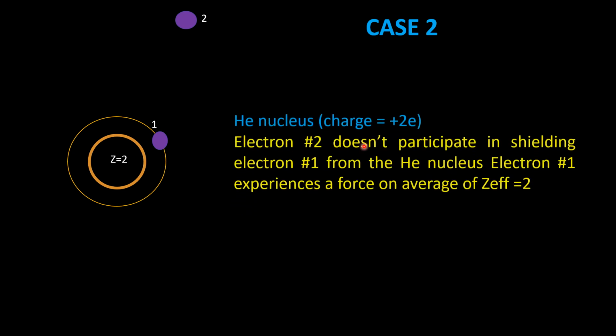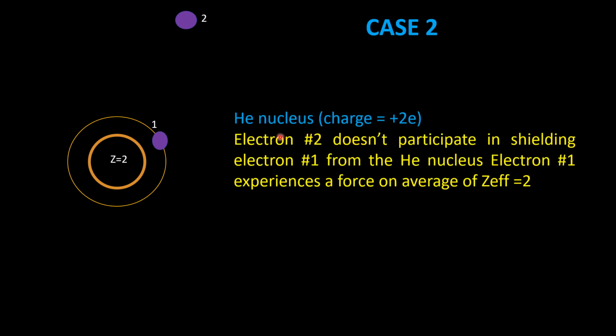We can explain it like this: the helium nucleus has a charge equal to plus 2e, and electron 2 doesn't participate in the shielding because it is far away from the nucleus, so electron 1 experiences a force, on average, of Z effective equal to 2. Instead of Z effective equal to 1, as in the case of maximum shielding, here Z effective is equal to 2.